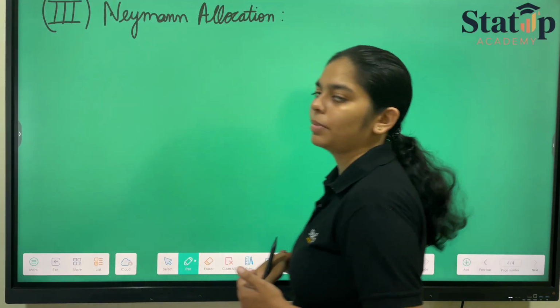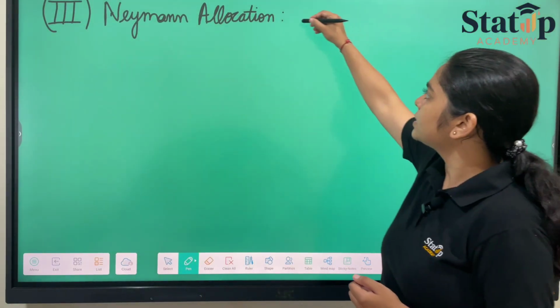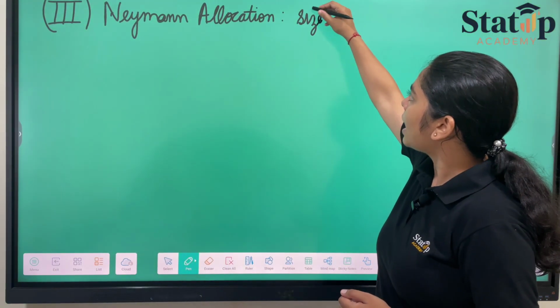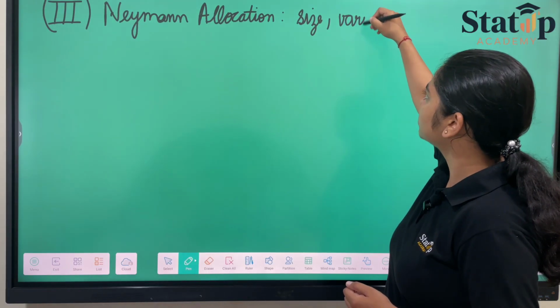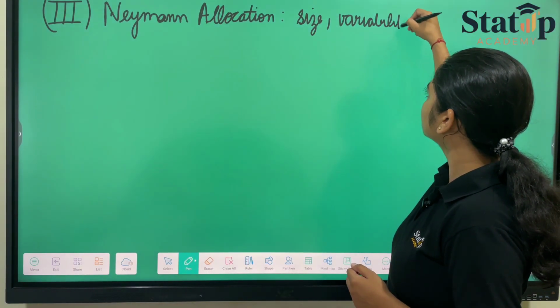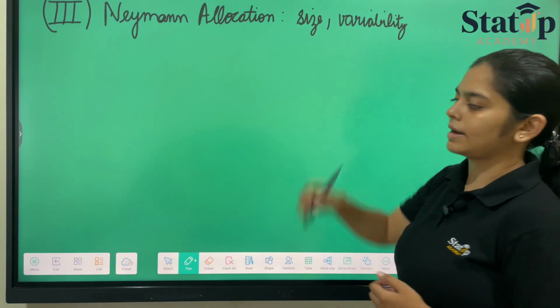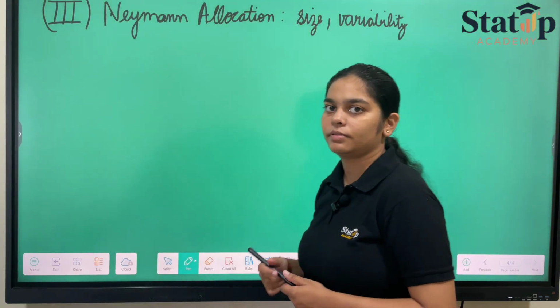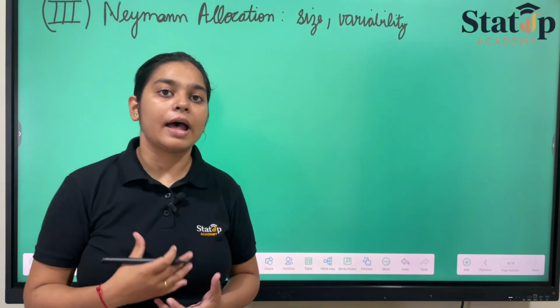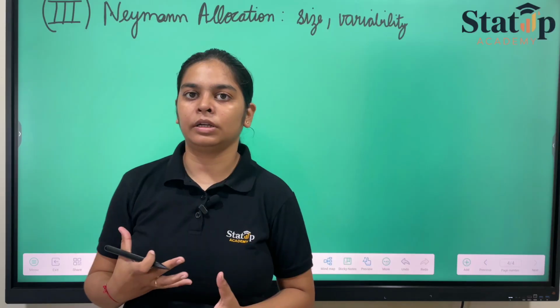Now Neyman allocation depends on two factors. One is size and the other one is variability. Suppose stratum 1 has less variability within itself and stratum 2 has more variability within itself.